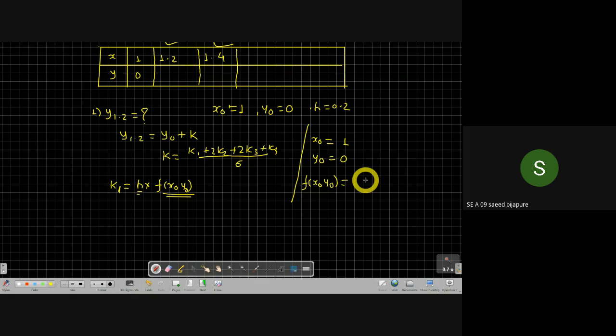Now, just check it, students, one more time: 2xy plus e raised to x, upon x square plus x e raised to x. Let us substitute x0 and y0 in this case. Tell me this value. 0.7310.